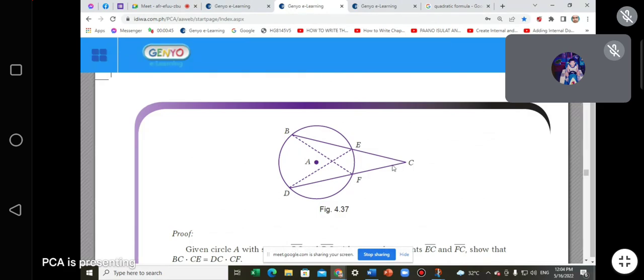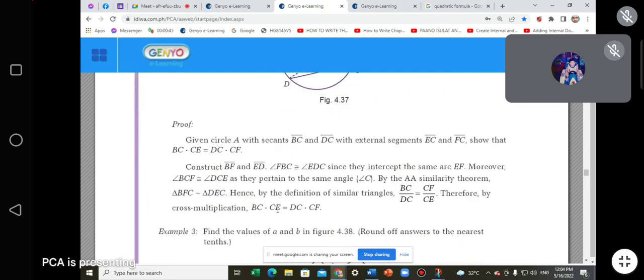Likewise, the same with this secant, it is equal to segment DC. This one is kind of wrong. This is the final formula, what we call the ratio and proportion. What is wrong here is that it lacks the segment notation above. There should be an arrow, segment.